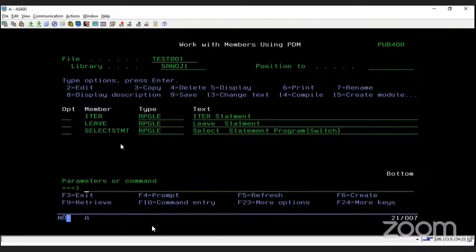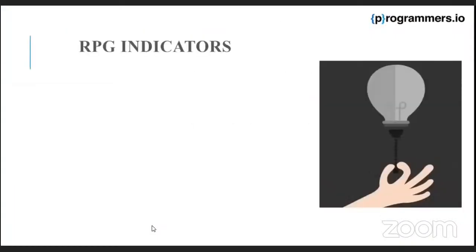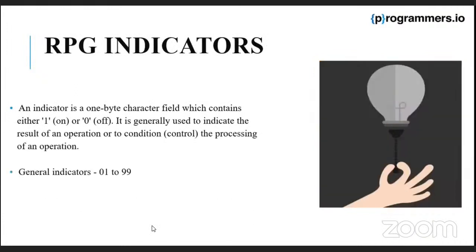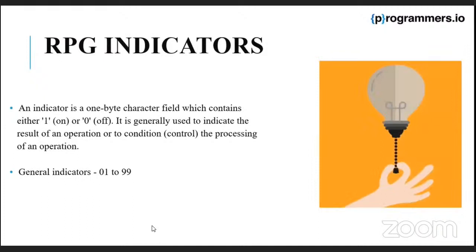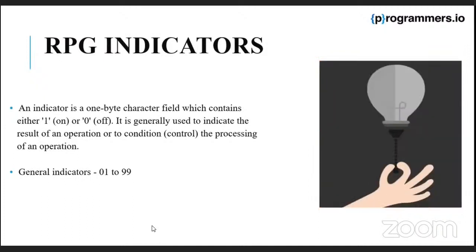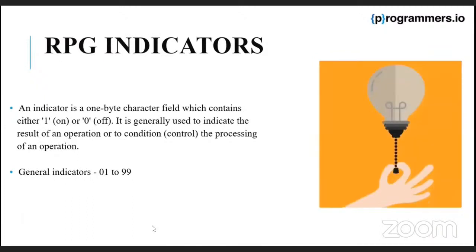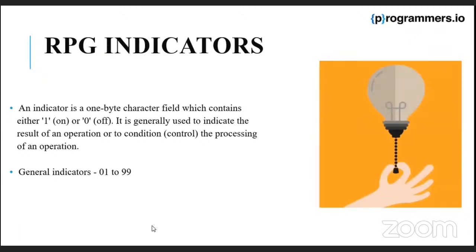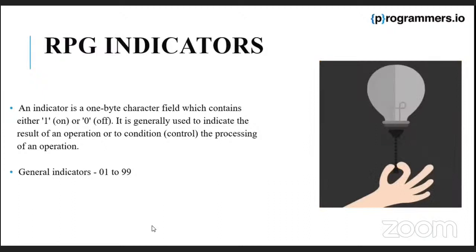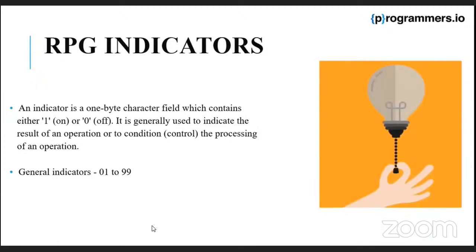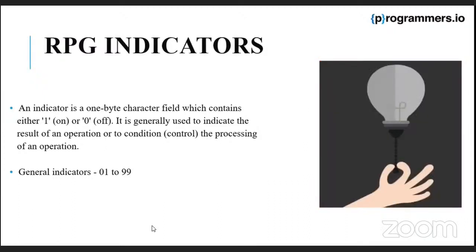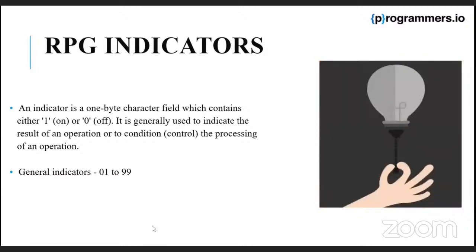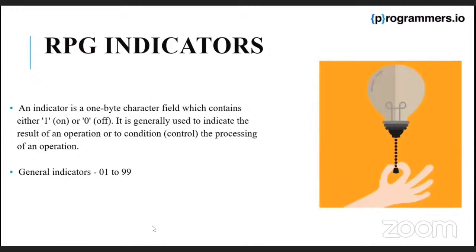And the last one we have is RPG indicators. An RPG indicator is a 1 byte character that contains only a 1 or 0 value. If the indicator is on, then it will store the 1 value, and if the indicator is off, then it will store the 0 value.